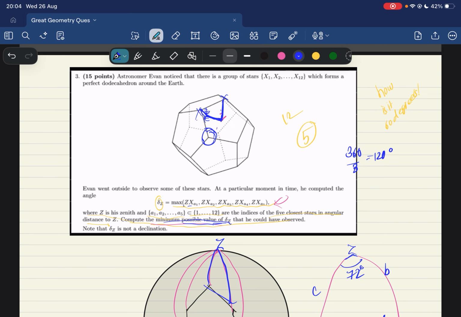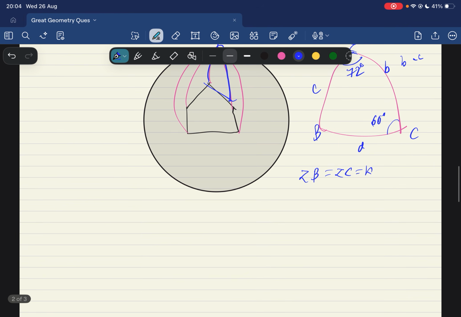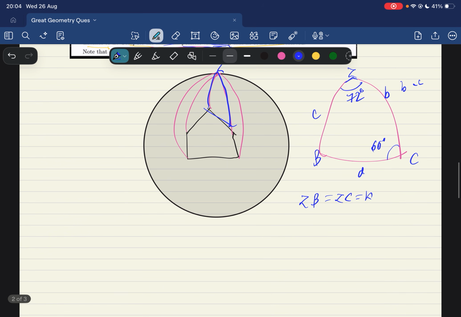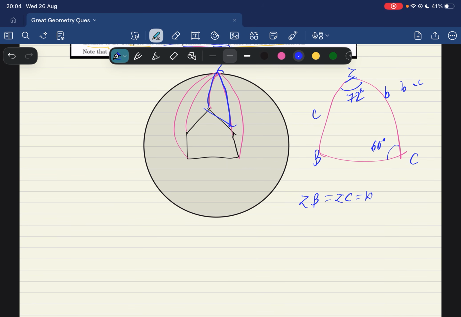So we're going to find either b or c. There's no problem in there, so let's use the sine and cosine law. Let this be bc, let this be small z. Fine.